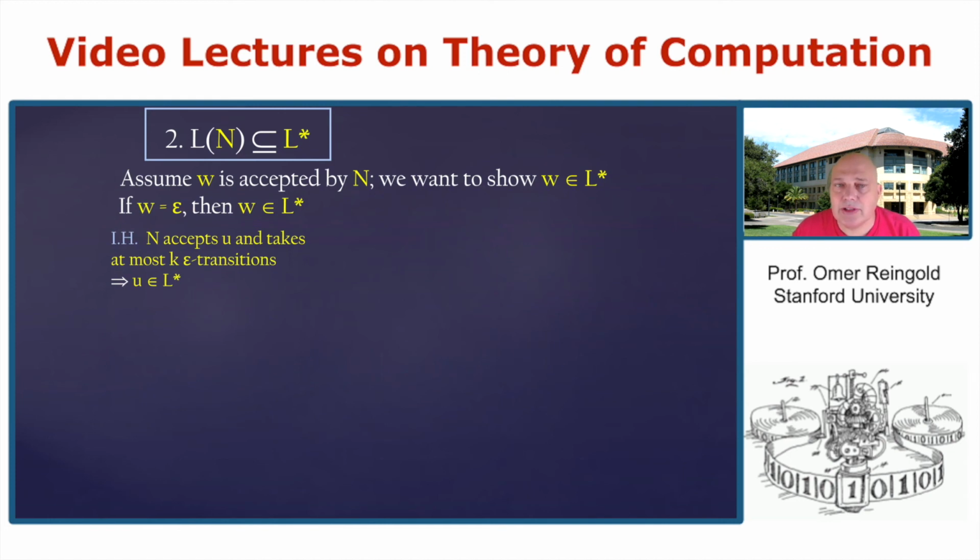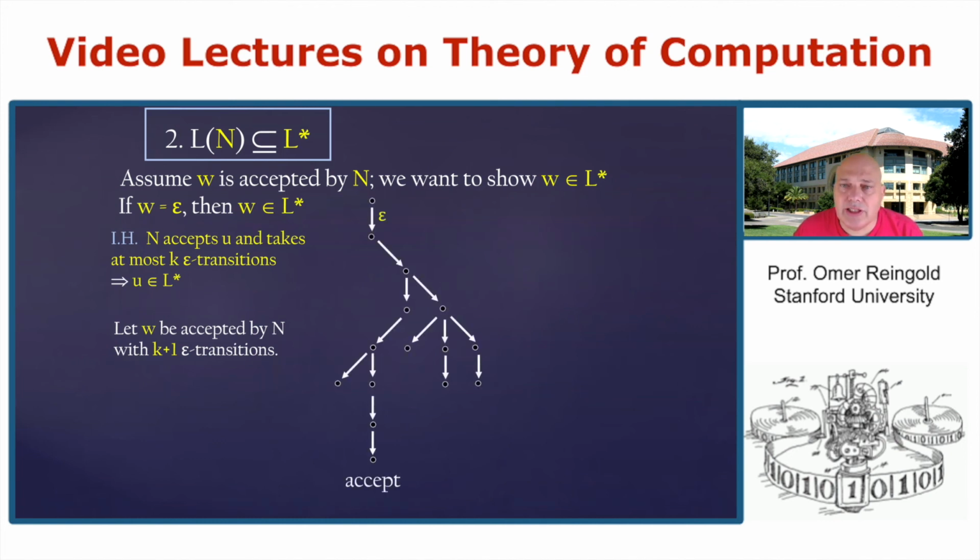And since the empty string is in L star, the base of the induction holds. So assume that w is accepted by N with k plus 1 epsilon transitions. We made the induction hypothesis for everything that can be accepted with k epsilon transitions. And now let's look at k plus 1 epsilon transitions.